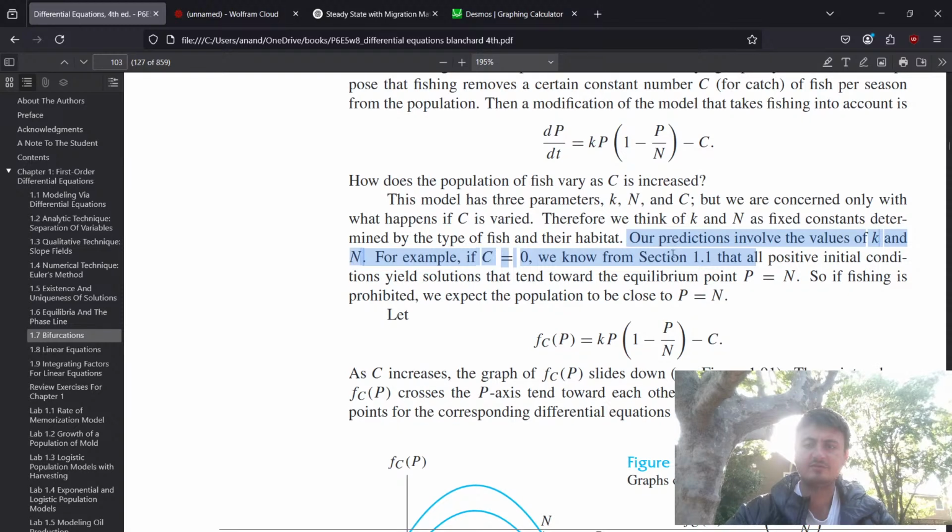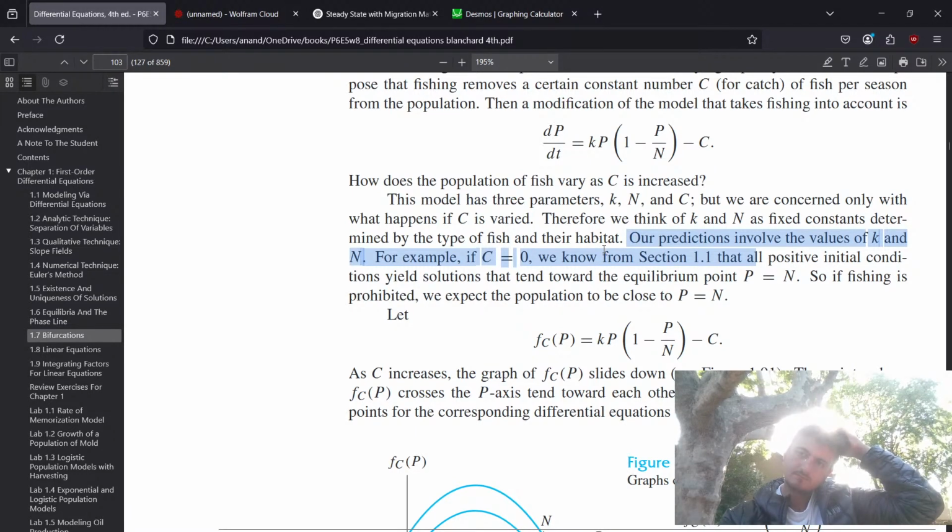For example, if C equals 0, then we know, actually, hold on.